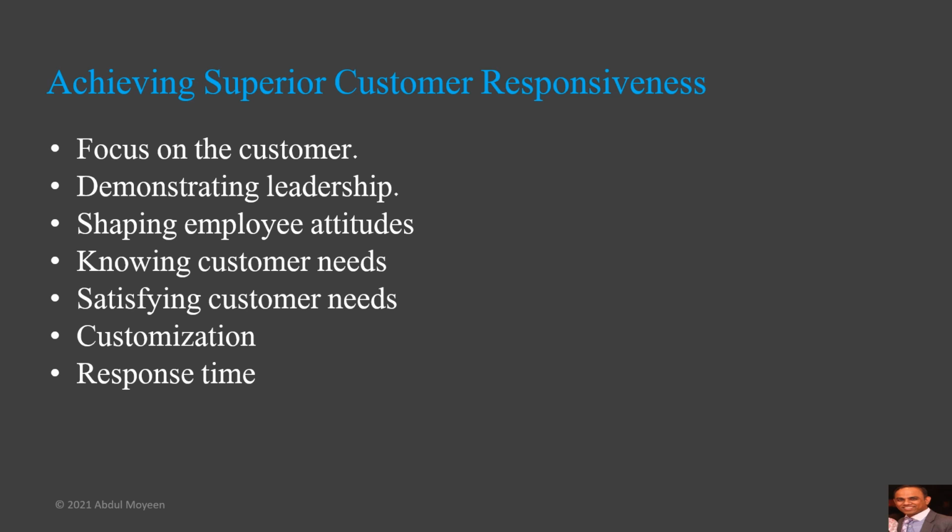Now, the other action that the company should take is to know customers' needs. Know thy customer is one of the keys to achieving superior customer responsiveness.